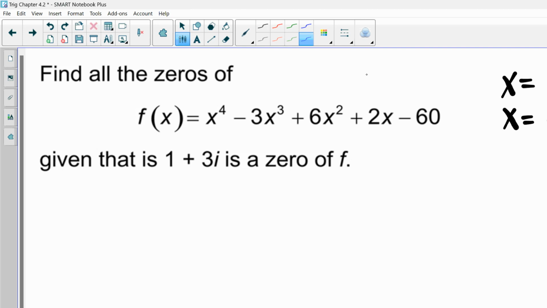Now, the other way to have done this, and I think the way that they would want us to do this, is not to graph it.